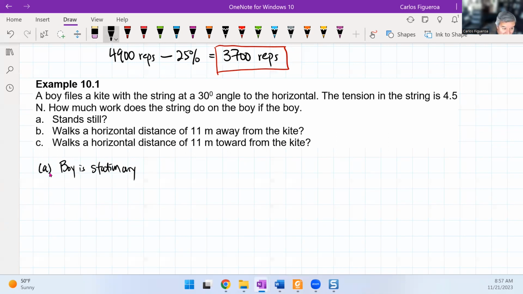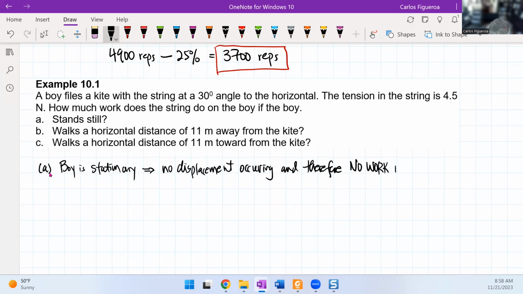So if the boy is stationary, then that means that there's no displacement occurring, and therefore no work is done. So what does that mean if there's no work that's done?